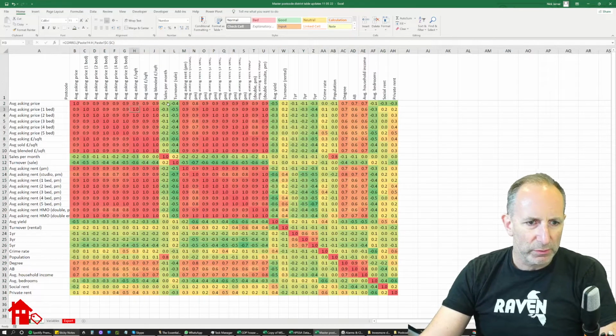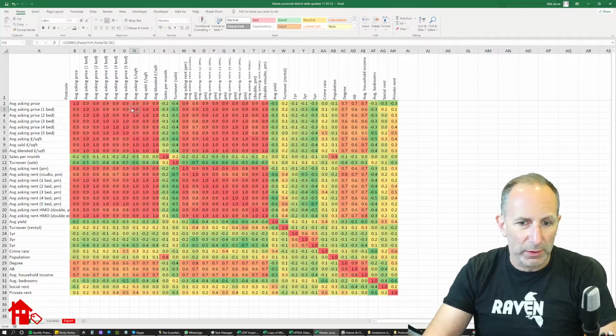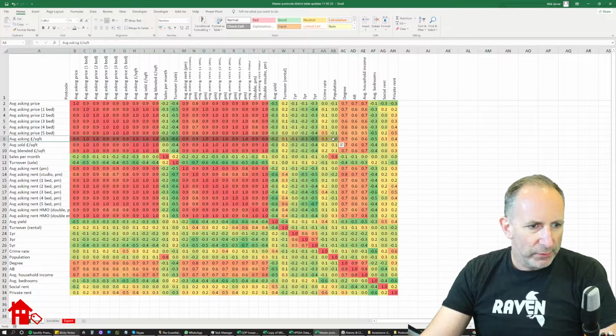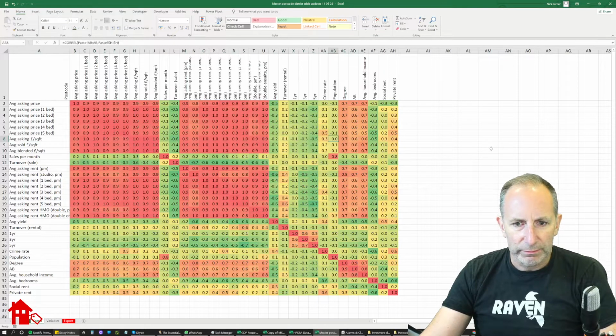So the correlation formula works like this: if it's a 1, it's very tightly correlated. If it's a -1, it's exactly opposite correlated, which weirdly makes it correlated. So in other words, it's an exact negative or positive correlation, and then everything in between. So a 0 means there's just no relationship between, for example, population and average asking square foot.